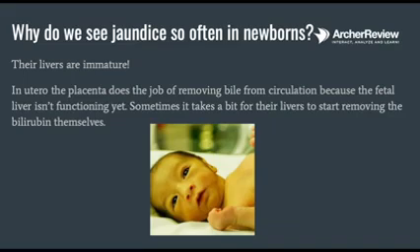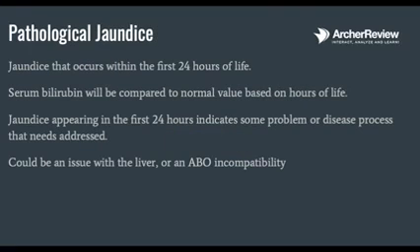Let's move on to the two different types of jaundice that you will see in infants. We have pathological jaundice and we have physiological jaundice. Okay, I'll start with pathological jaundice. This is going to be jaundice that occurs within the first 24 hours of life. The serum bilirubin will be compared to what the normal value is based on the hours of life.